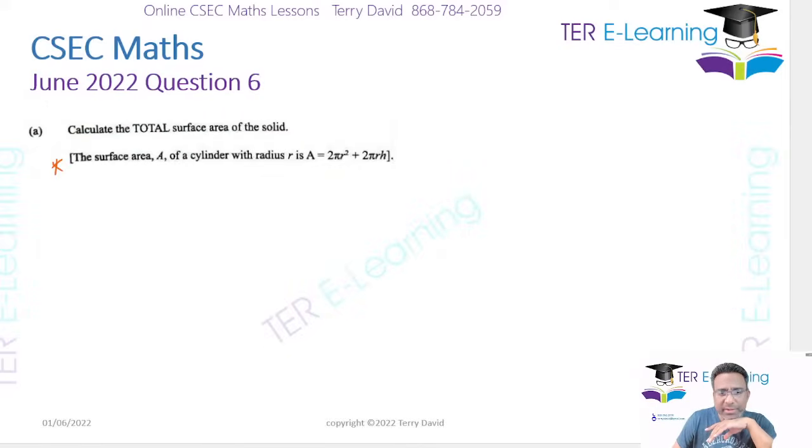Total surface area of a cylinder. For a normal cylinder, the total surface area is given by this formula here. That's the circle at the bottom, and that's the curved part.